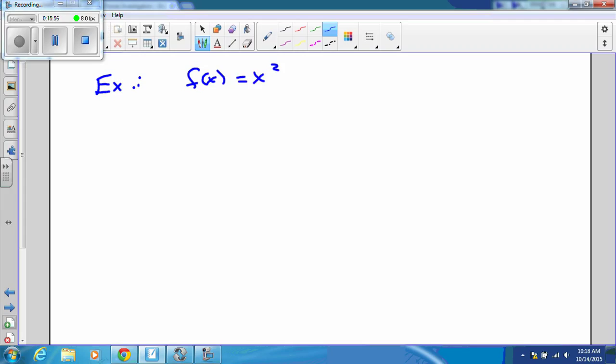Suppose I've got f of x equals x squared, and what I'd like to compute is dy dx at the point x equal to 2. And so now I'm going to do that by appealing to the alternate form.